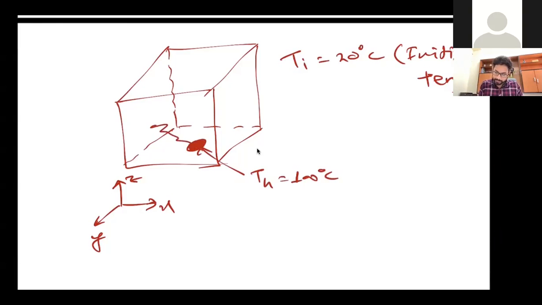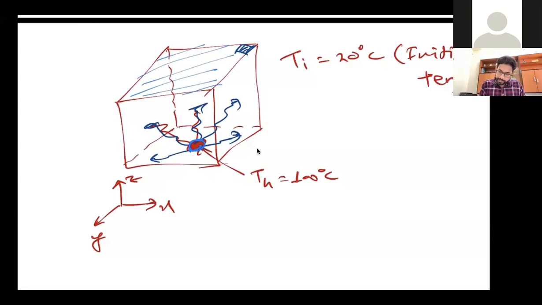And now it starts dissipating heat in all directions. So it's dissipating heat in all three directions, and you want to calculate the temperature, for example, somewhere here. Because you are supplying heat only from a point here, if you want to calculate temperature on the top surface, at the center or the left, they all may be different, right?